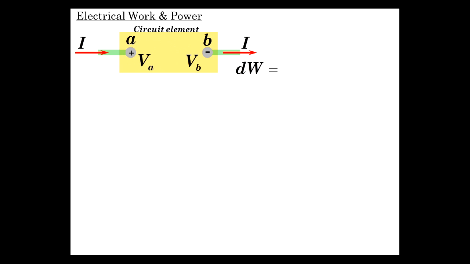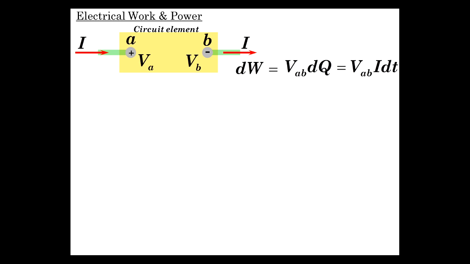Now, the differential work that's done by the electrical energy transitions, I'll just say, is volts times charge, but differential. So to move a charge across points A and B, it's that potential difference times the differential charge. So V dq. So dq is I dt.